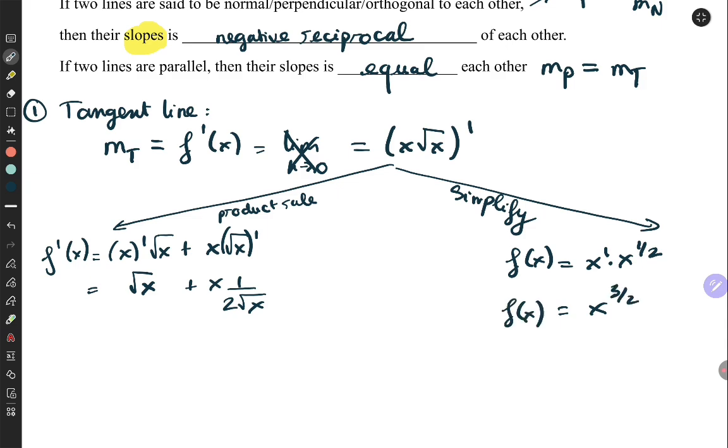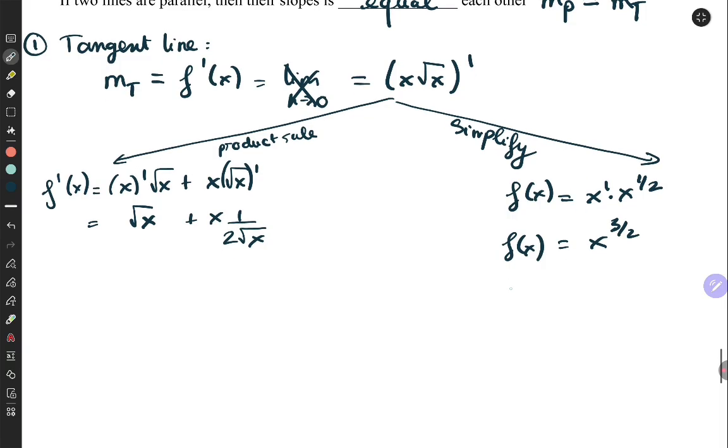There you go. The derivative will be, use the power rule, 3 over 2 x to the power 3 over 2 minus 1.